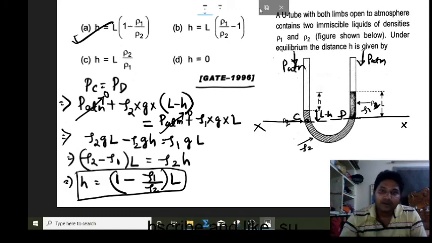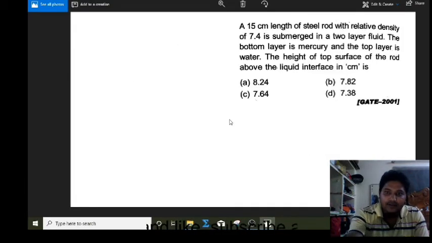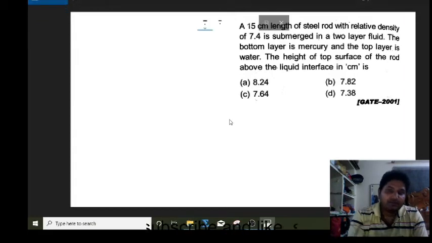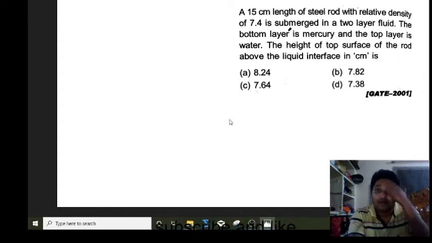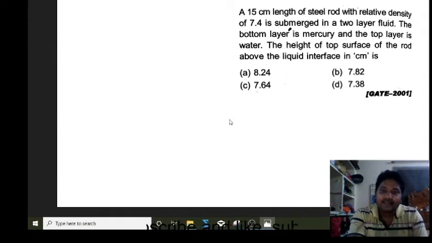Now I am going to the next and, I think, last problem. Yes, this is my last problem. It says a 15 centimeter steel rod with relative density 7.4 is submerged in two layers of fluid. The bottom layer is mercury and the top layer is water.